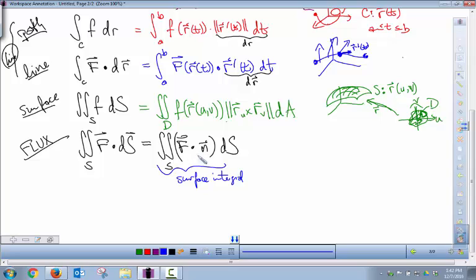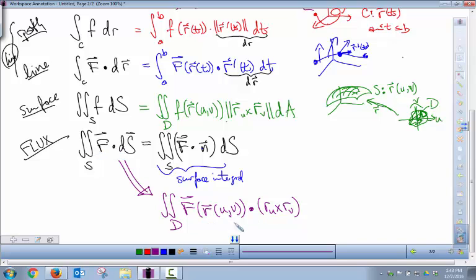Because when you dot two vectors, you get a scalar. Now you have a scalar, and this ds doesn't have an arrow on top, so it must be a surface integral. But anyways, depending on how you approach this, you may look at it as this F dot dS with arrows on top.